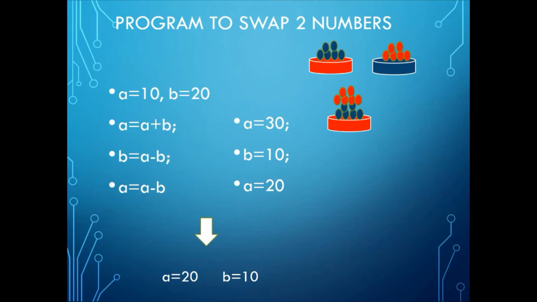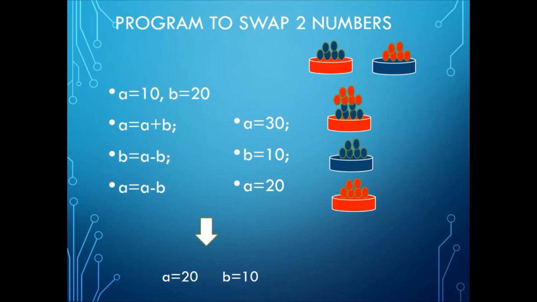Then in the second bowl, we transfer the balls except the red color, that is the blue color balls will be transferred into the second bowl. And after transferring blue balls into the blue bowl, in the first bowl, that is in the red bowl, we will have the red balls. This is how the swapping can be performed.